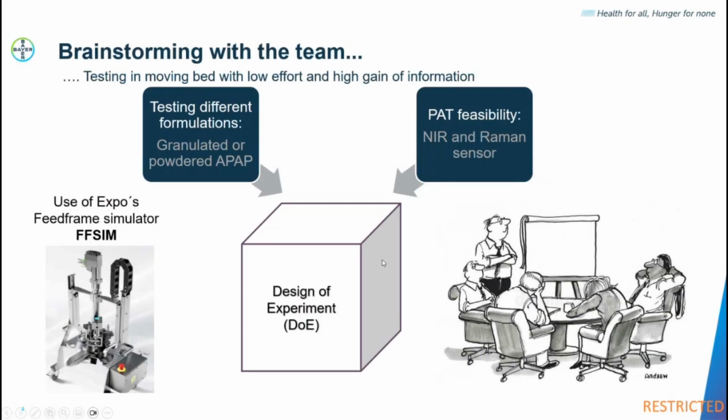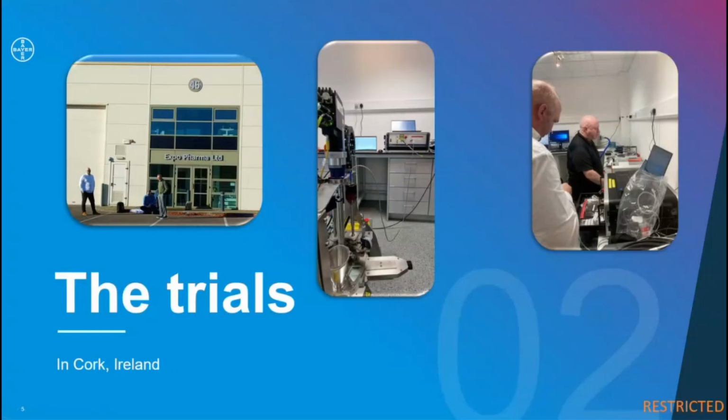So we started off with a design of experiment and went into the trials, which we performed in Cork, Ireland, same building as our user group meeting is in. Here you can see our arrival, the setup, and Matthias, my colleague, and Phil measuring with the NIR and the Römer system.